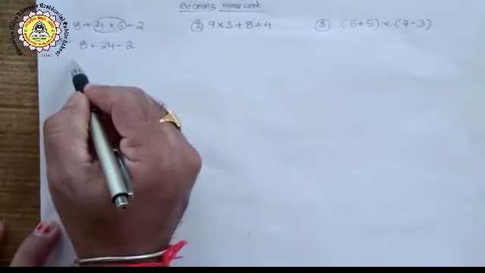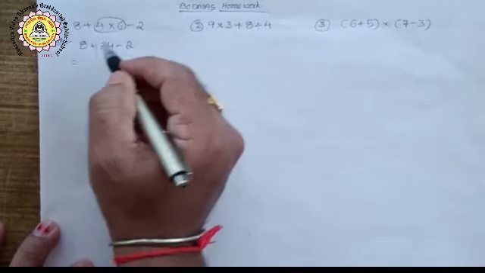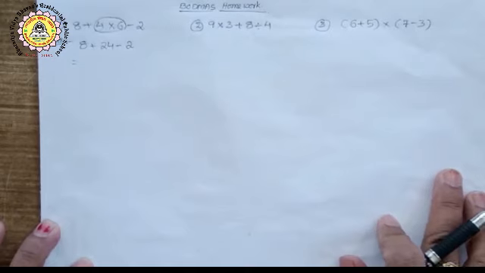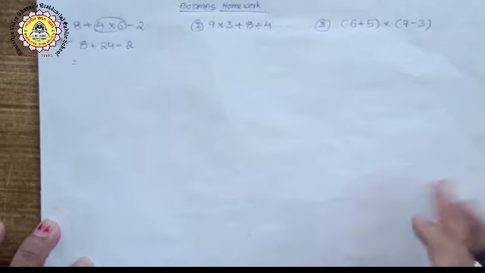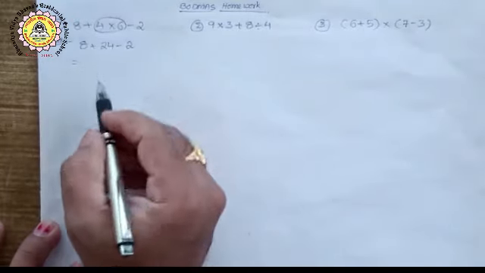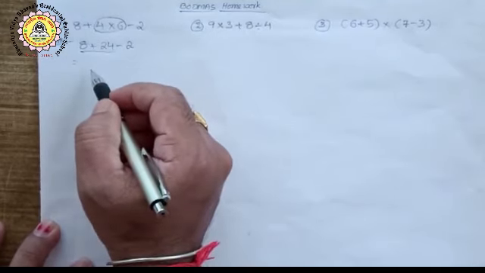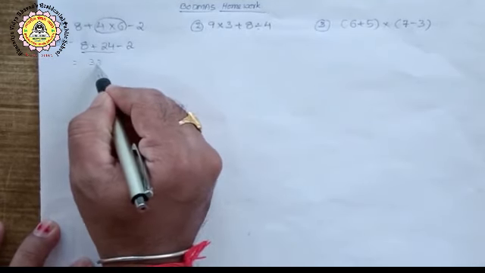Okay, next you see that is equals to, here two more operations are here, plus and minus. Among plus and minus, for which operation do we have to give first preference? For plus. So first add these two numbers. 8 plus 24, how much? 32.